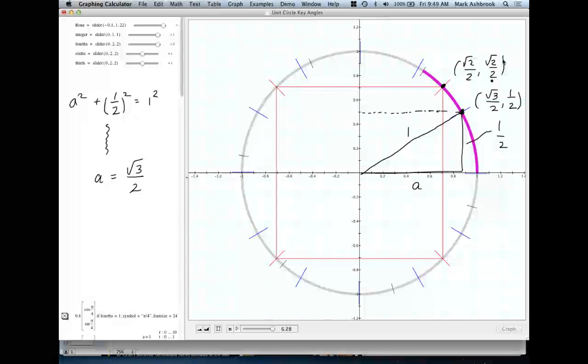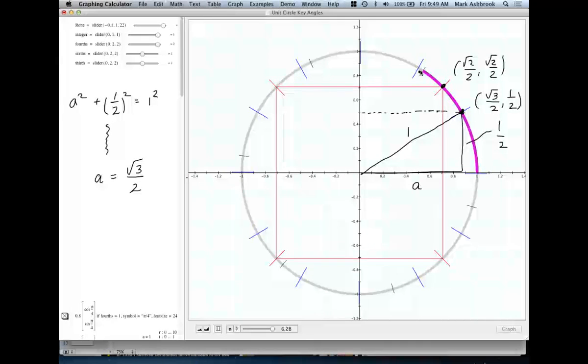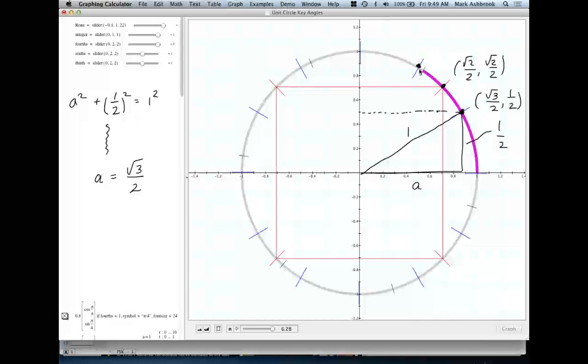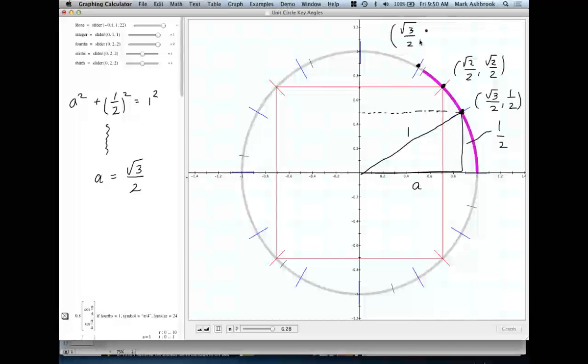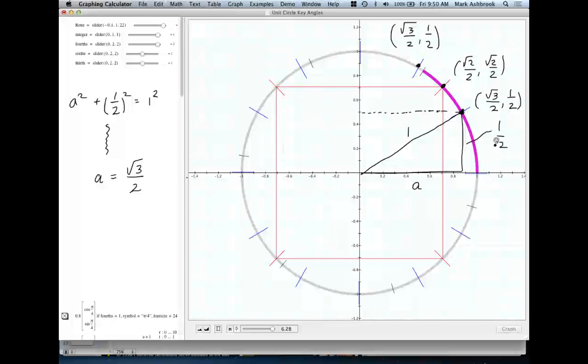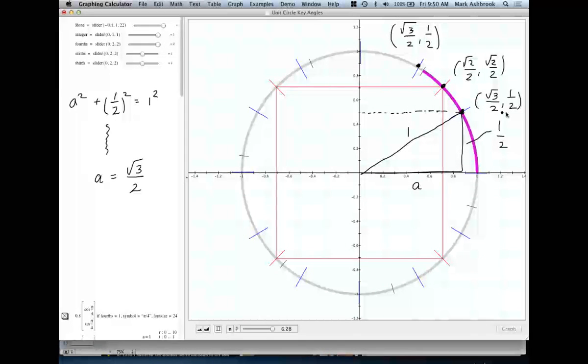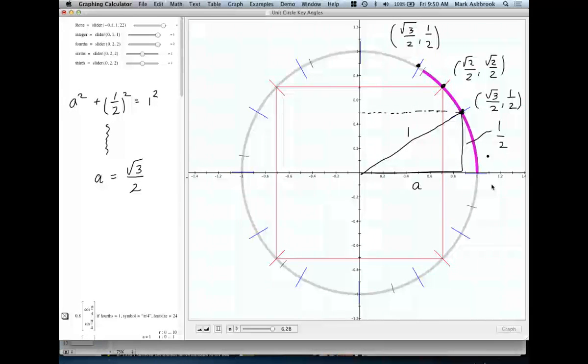And when we get up to pi over 3, it's symmetric with this, but they're flipped. Now the x-coordinate's 1/2, and the y-coordinate is the same as what we solved over here. Okay, so by symmetry then, if you know these cosines and sines are x and y coordinates for the first quadrant, then you know them for all just by applying the right either positive or negative.